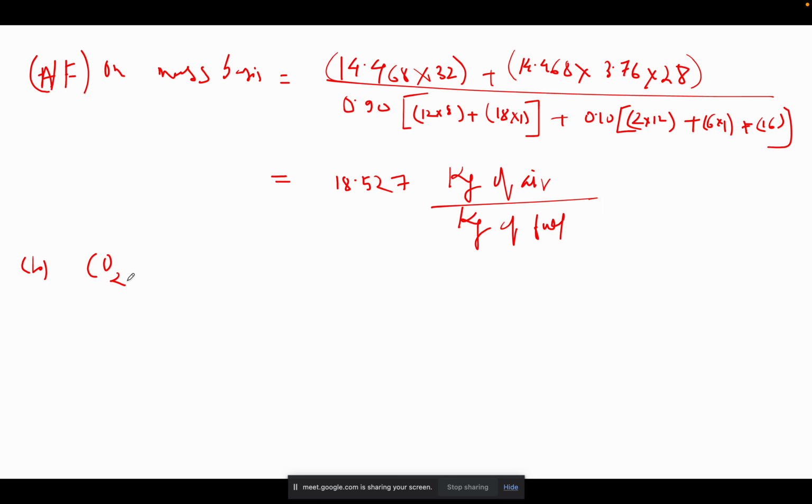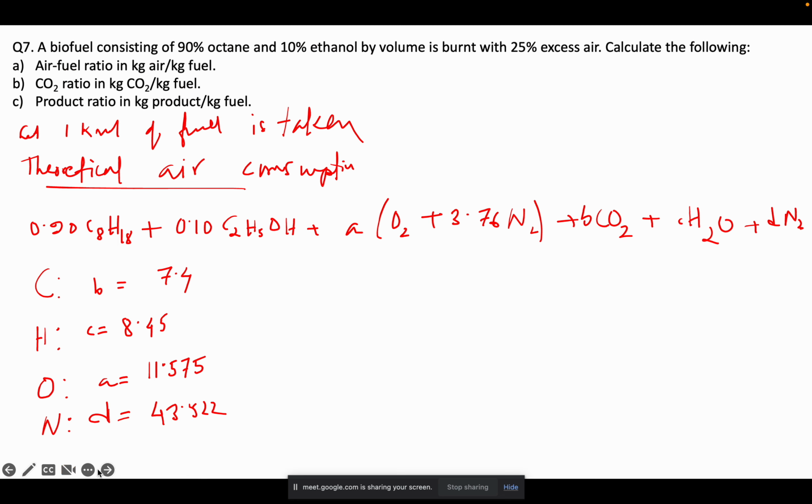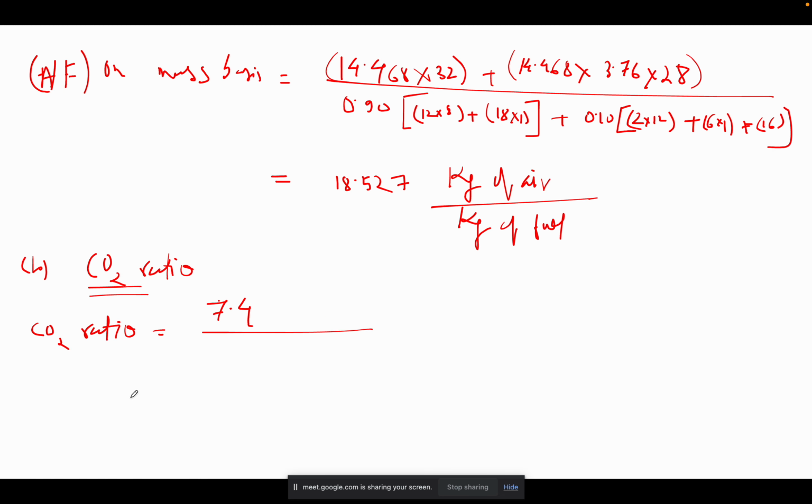Okay, next is carbon dioxide ratio. Okay, so CO2 ratio is what, mass of the carbon dioxide that is present in the product side. So this will be basically 7.4 into 44 divided by this entire m fuel.